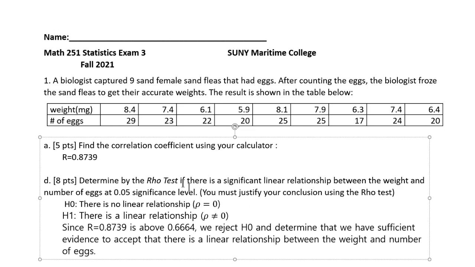So that's how you say it. I put another rho test a little later, so I'll do that again. See if you can do the next one and see if it's easier there.